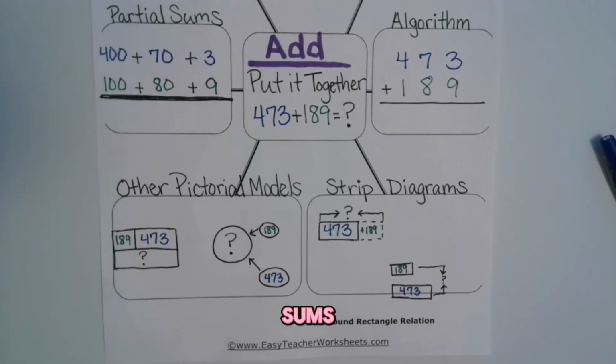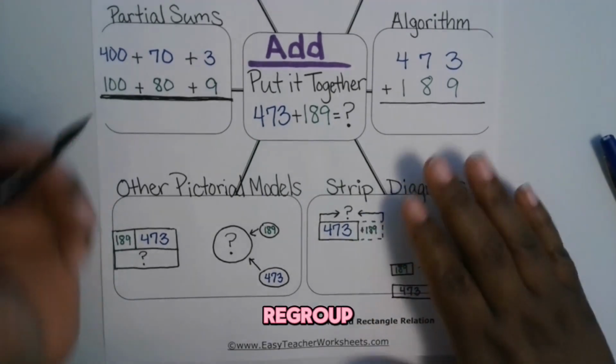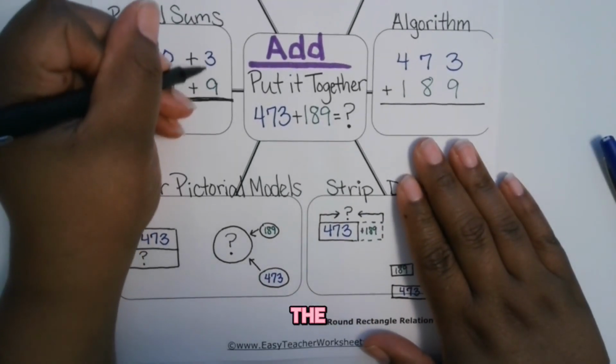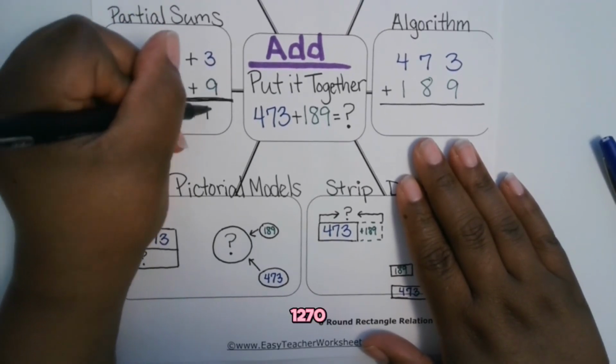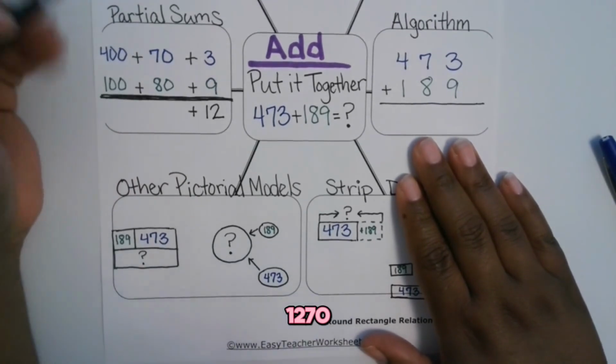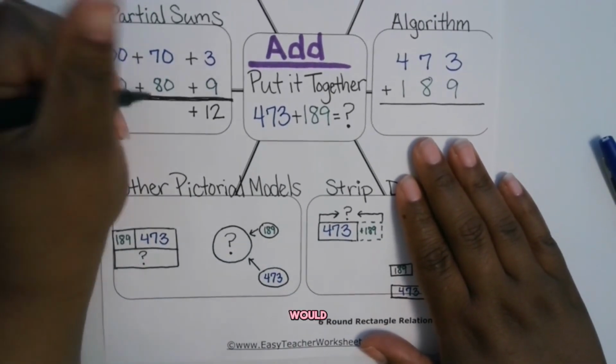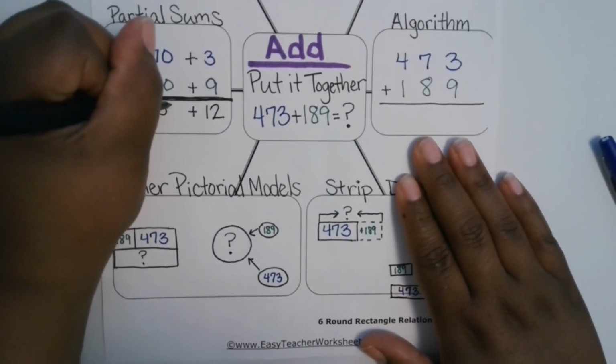Now, how these sums work, you basically combine them by their places. And the difference between that and the normal algorithm is that you don't regroup. So, when I start in the ones place, that 3 plus 9 will be represented by 12. 70 plus 80 would be 150.